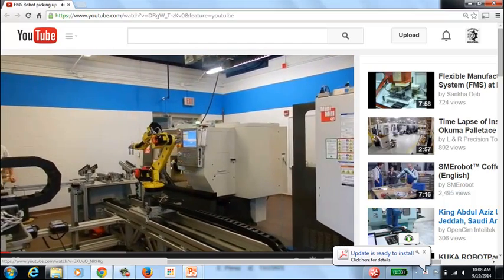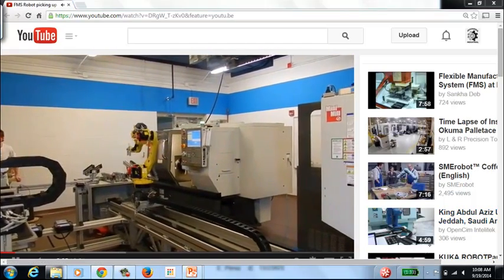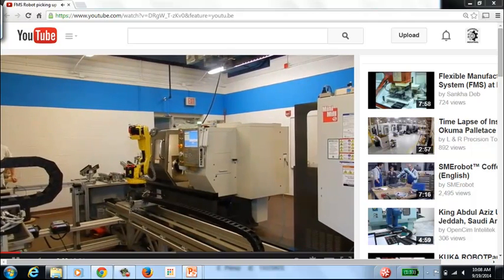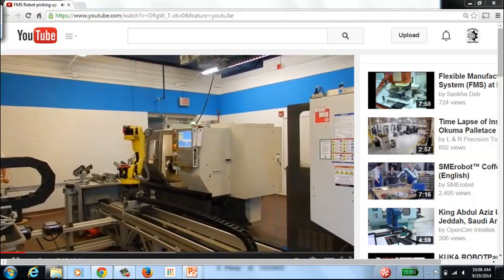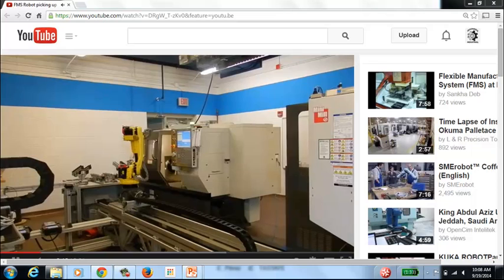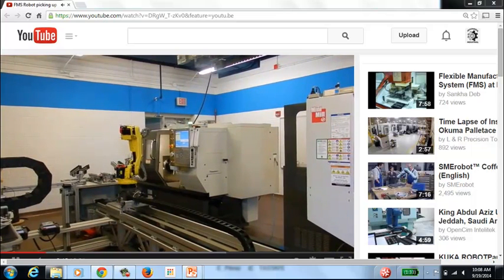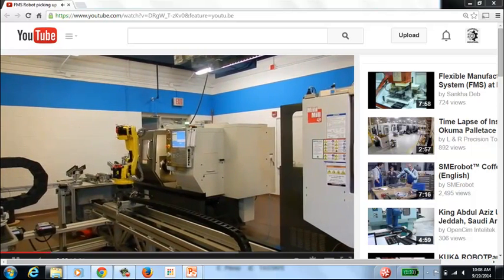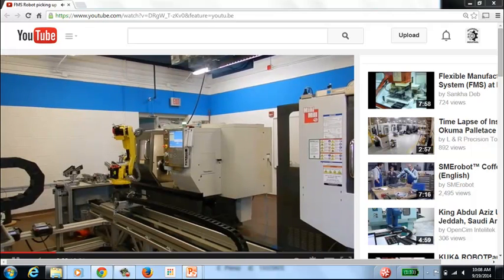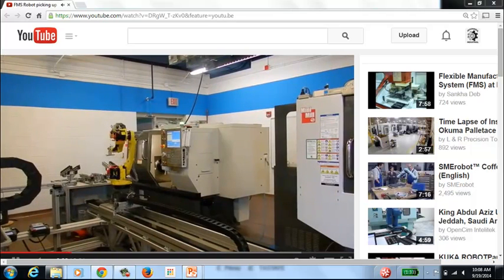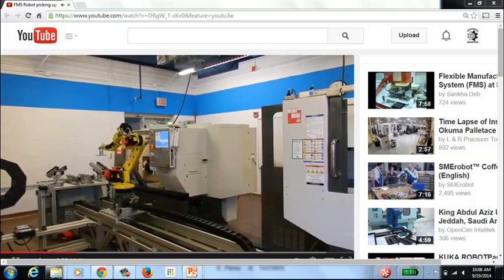So our robot is going to bring one of the parts from one of the stations and take it inside this machine. So sometimes these are very expensive parts that you need to handle very carefully.